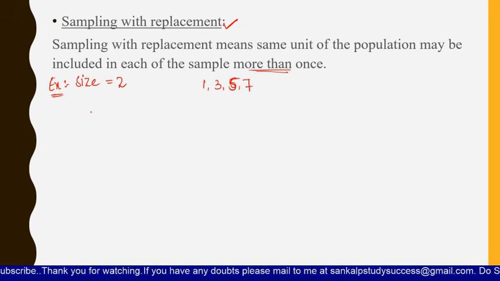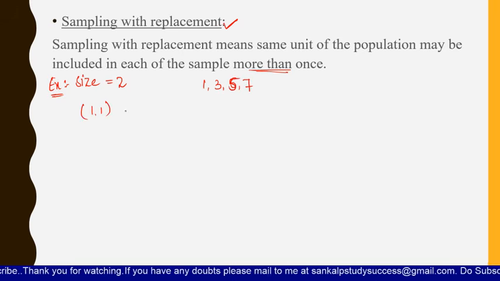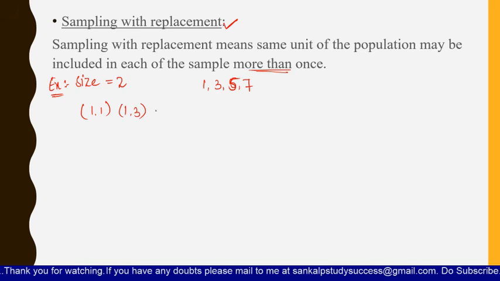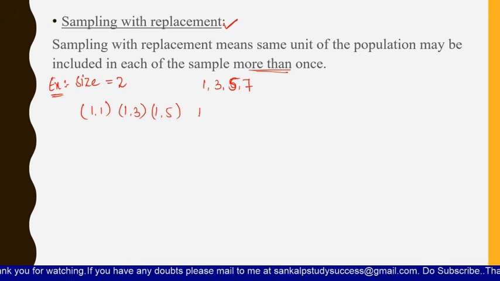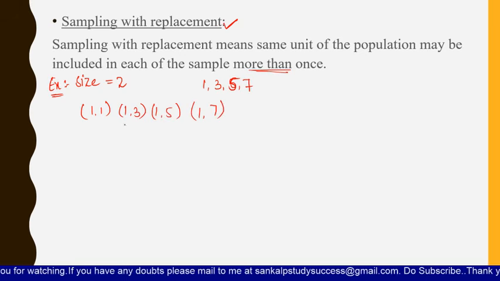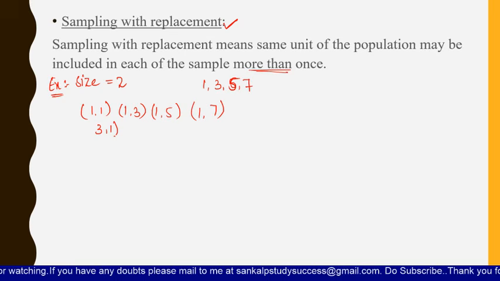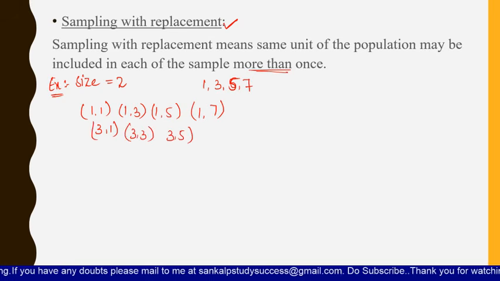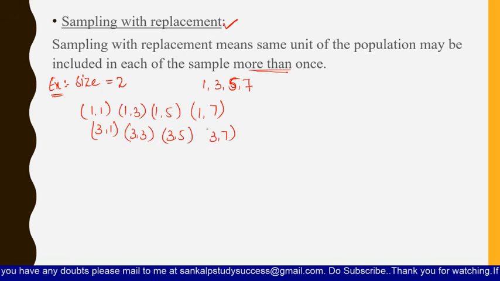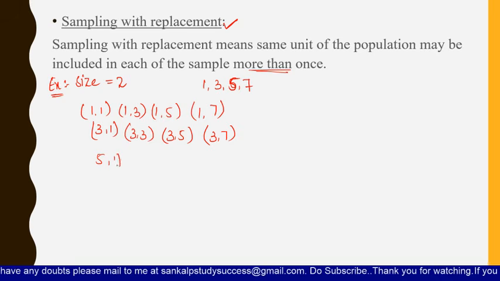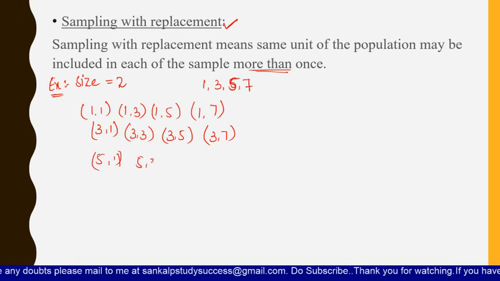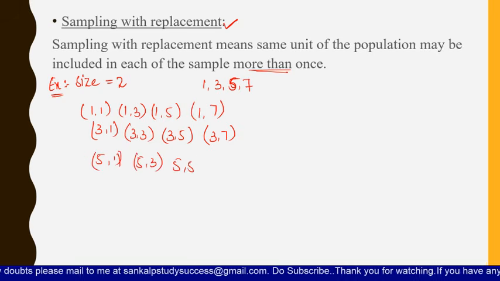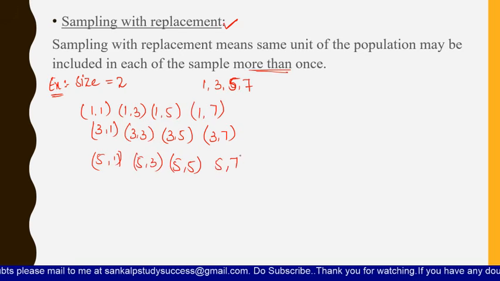So by using these numbers 1, 3, 5 and 7, with size 2, we write: 1,1; 1,3; 1,5; 1,7. Then 3,1; 3,3; 3,5; 3,7. Then 5,1; 5,3; 5,5; 5,7.